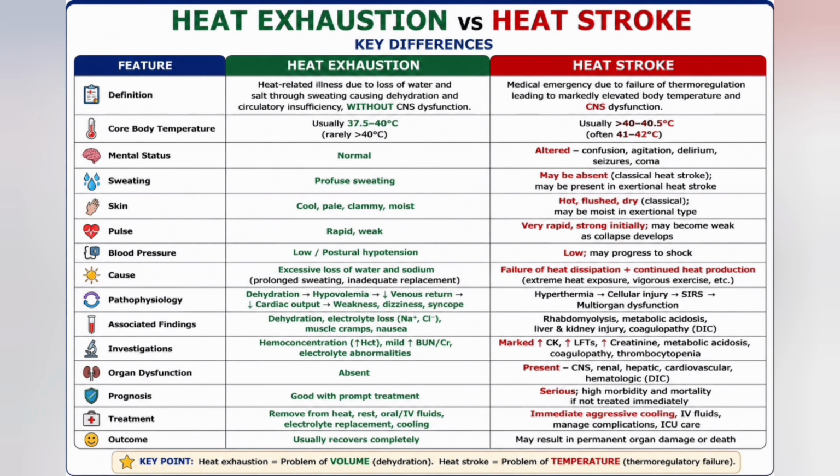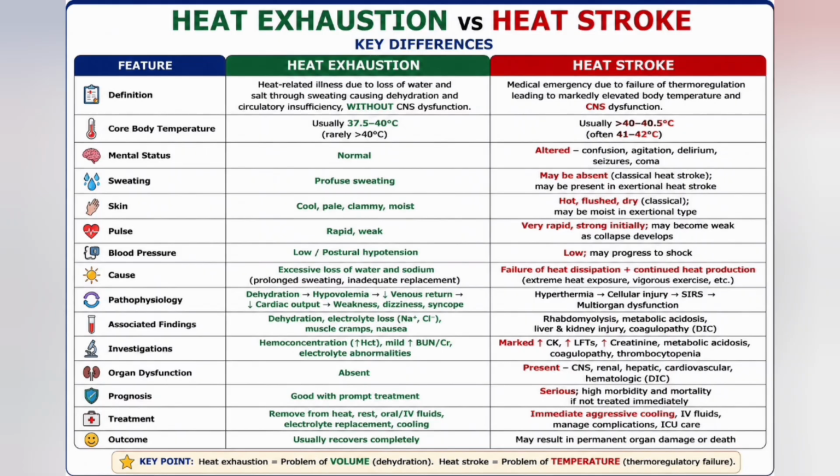Investigations for heat exhaustion include hemoconcentration, mild blood urea nitrogen and creatinine and electrolyte abnormalities. While in heat stroke there is marked elevation of creatinine, metabolic acidosis, coagulopathy, thrombocytopenia, rhabdomyolysis, liver and kidney injury.